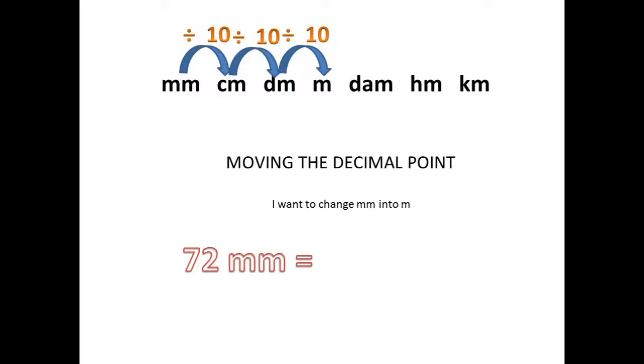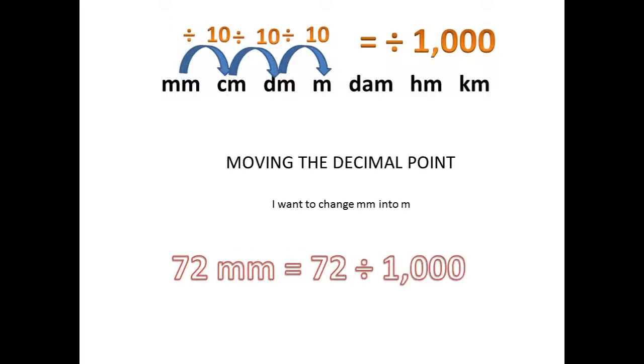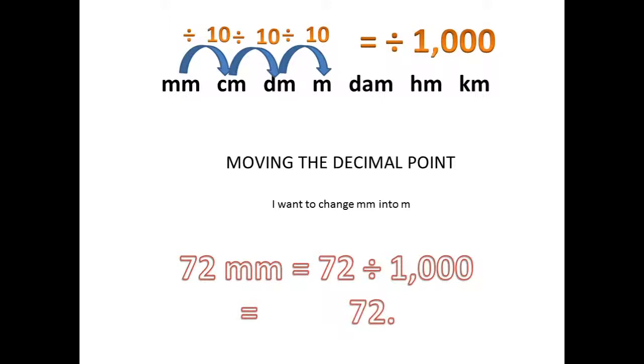Okay, so now let's look at the 72 millimeters. We're dividing by 1,000. Okay, we're going from small to big. All right, so we know we're dividing. So 72 divided by 1,000. All we're doing is moving the decimal point. So we can start off at 72.0, and we can start moving the decimal point.